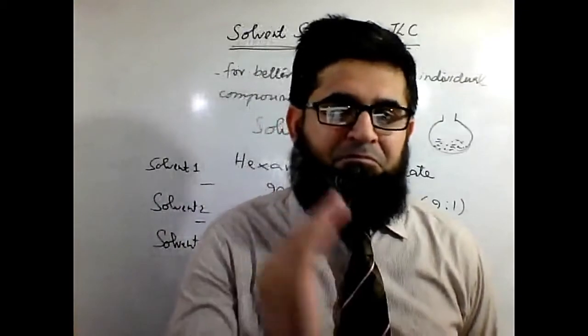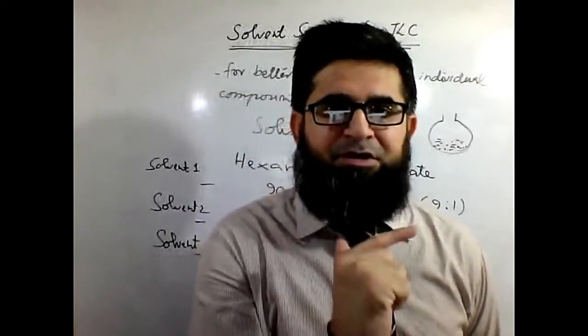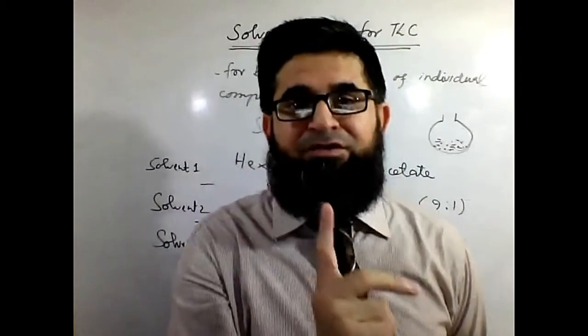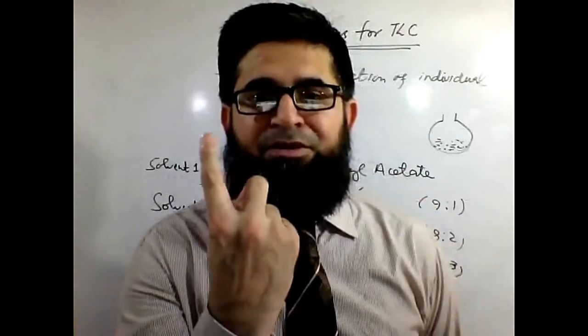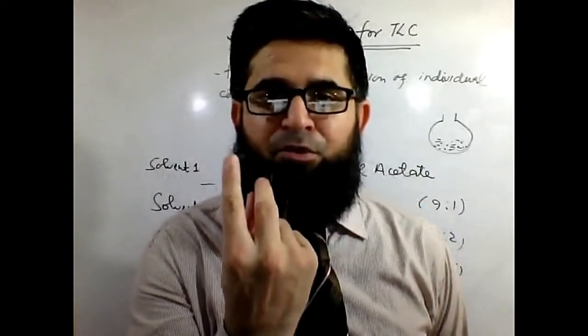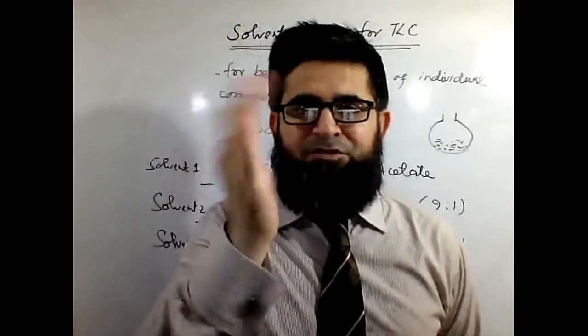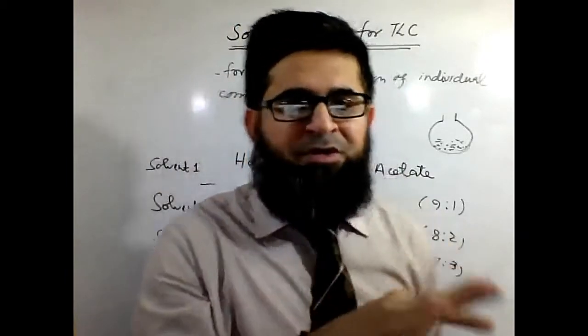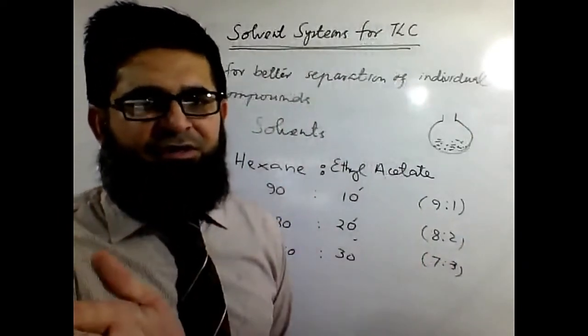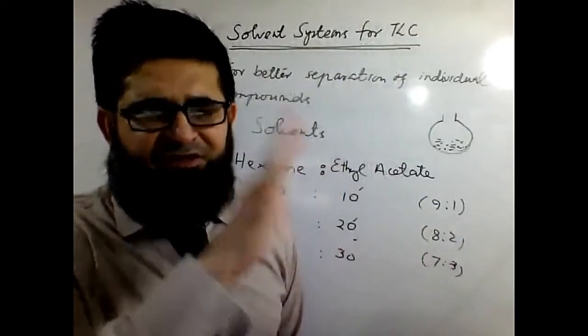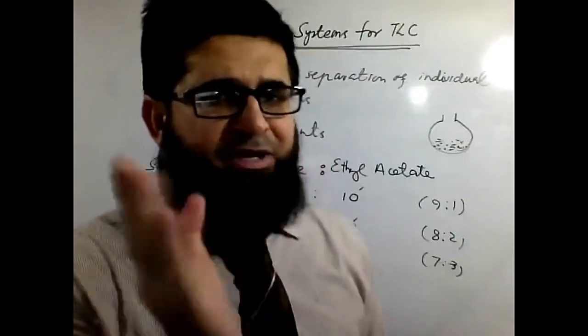So at the moment, what I'm saying is we can generate a solvent system just by mixing two different solvents. One will be non-polar, the other polar, just mixing them in different ratios: 90:10, 80:20, 70:30, 60:40, 50:50. You can use as many as possible.